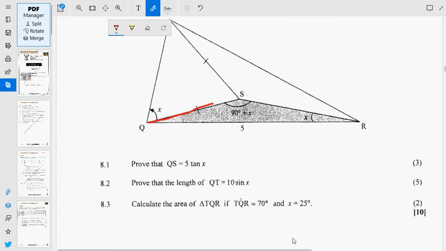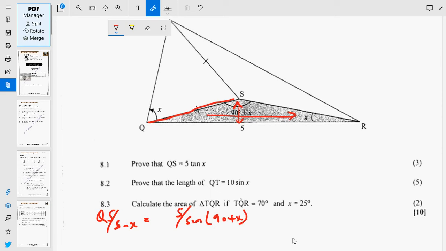Now it's clear here that I can use the sine rule, because I've got the angle opposite to this side, and I've got a pair which have got an angle and the side opposite to it. So I can say that Qs over sine x is equal to 5 over sine of 90 plus x.